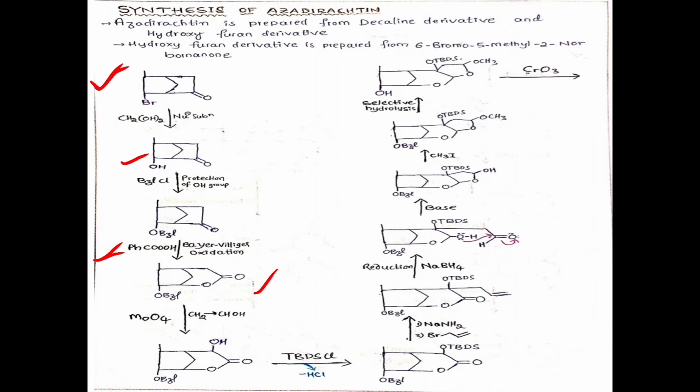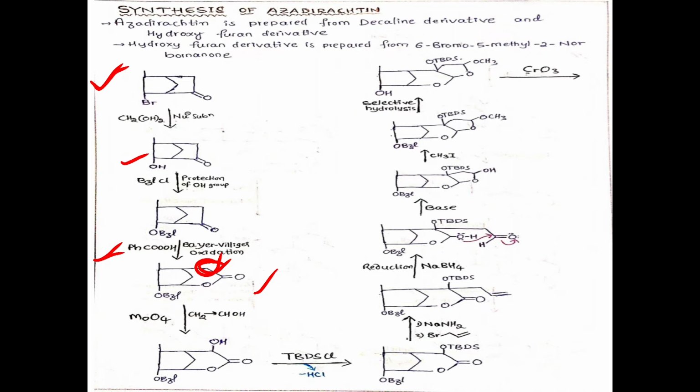Which on treatment with molybdenum tetroxide, an oxidizing agent that especially oxidizes the alpha carbon of the carbonyl group. So the molybdenum tetroxide oxidizes the carbon alpha to the ketonic group, and this carbon can be converted into an alcohol group.